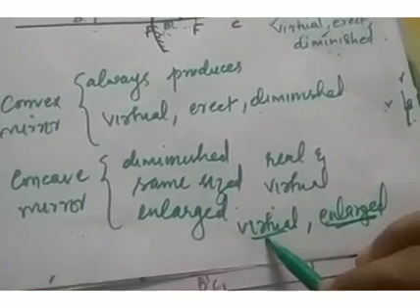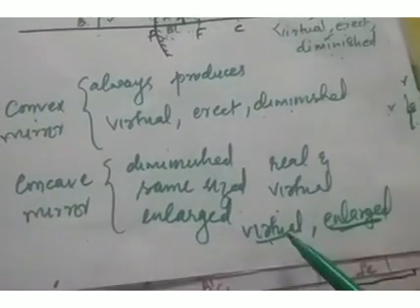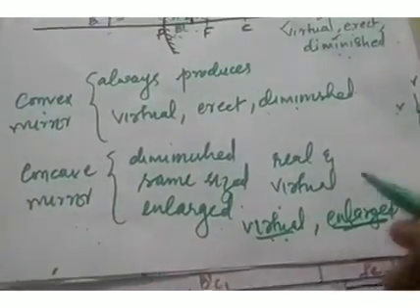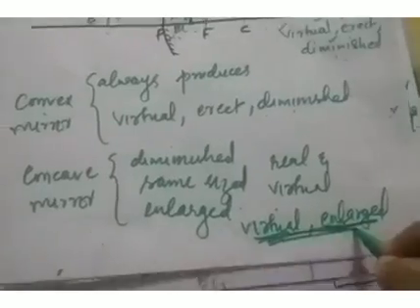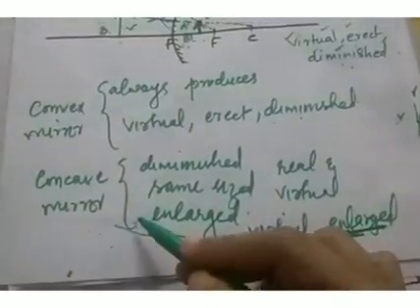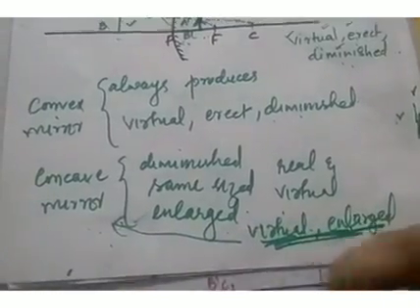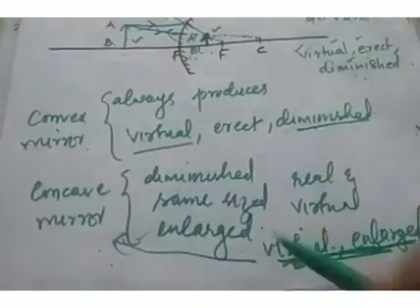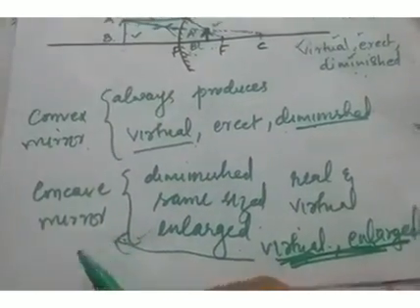If it is virtual diminished, you can definitely go for convex mirror. But if it is virtual and enlarged, it will be a concave mirror. Always keep in your mind, virtual enlarged is produced by concave mirror only. Virtual enlarged, concave mirror. Virtual diminished, convex mirror.